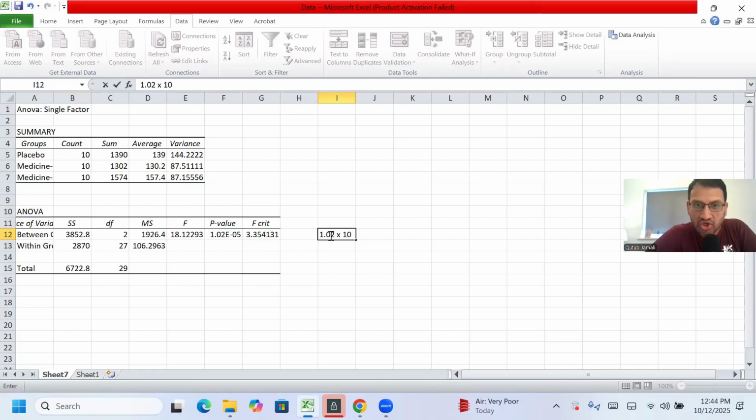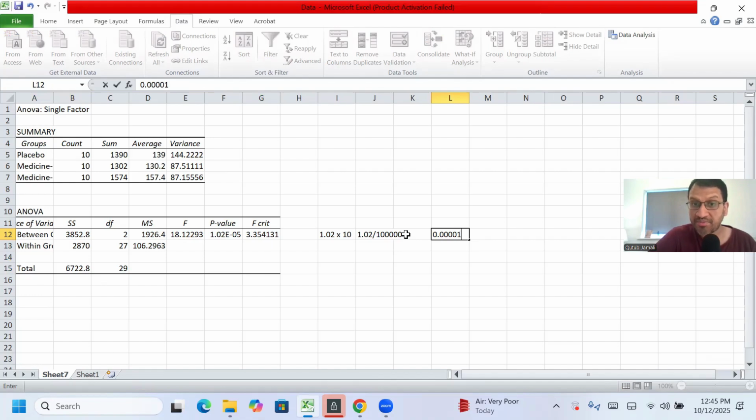So if you divide 1.02, let's just take a random example, by 10 raised to 5, so 1, 2, 3, 4, 5, if you do this, definitely your p-value will be tiny, way less than our target p-value, that is 0.05.